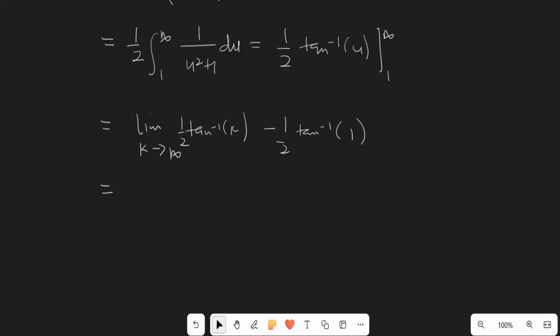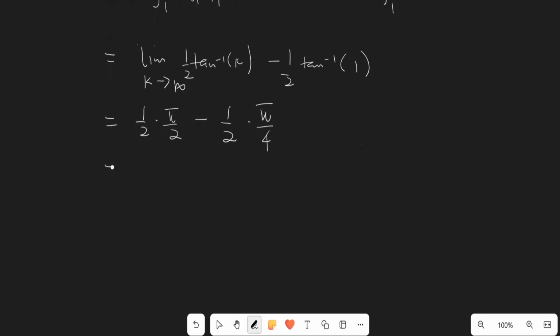As k is approaching infinity, what will the function tan inverse of k be approaching? That is tan inverse of infinity, which is pi over 2. So that is 1/2 times pi over 2 minus 1/2 times tan inverse of 1. Tan inverse of 1 is 45 degrees, because tan of 45 is 1, and 45 degrees is pi over 4.